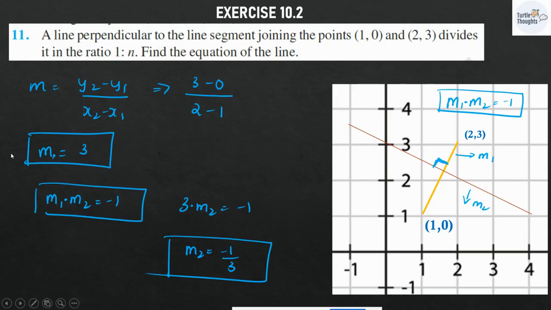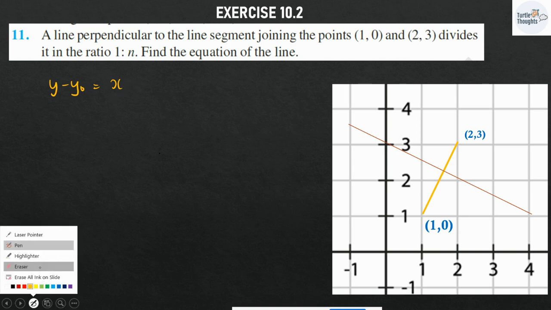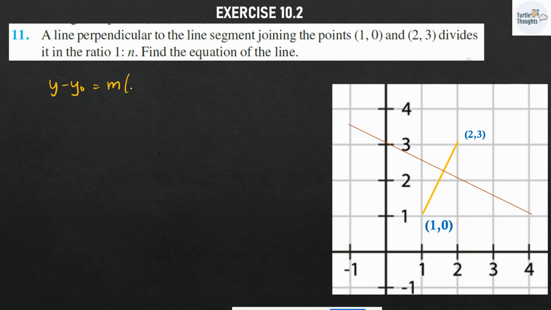Next, after I have found my m2, I need to again use the one point formula, which is given by y minus y naught equals m into x minus x naught. So this is going to be the one point formula.